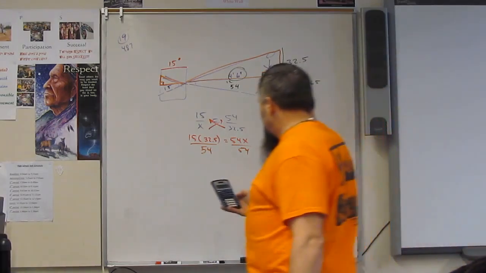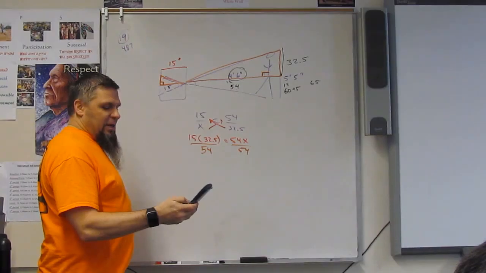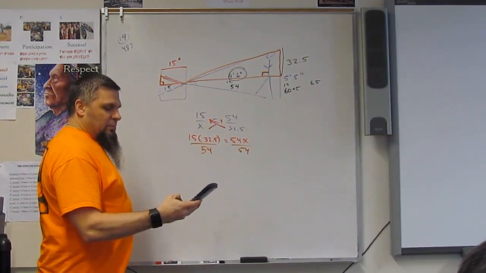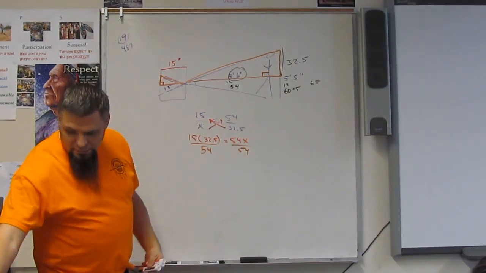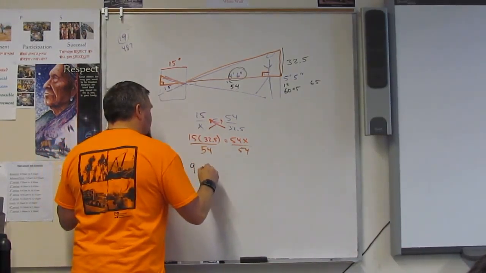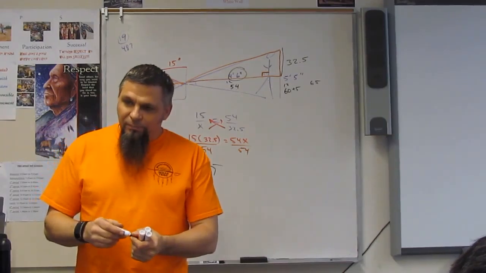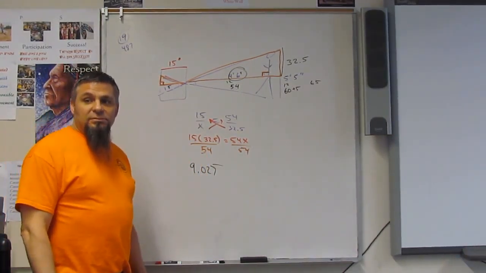15 times 32.5 divided by 54. Wow, that's a nasty number. It's 9.027 and goes forever, which tells me it's a fraction of some sort. It looks like a 5.